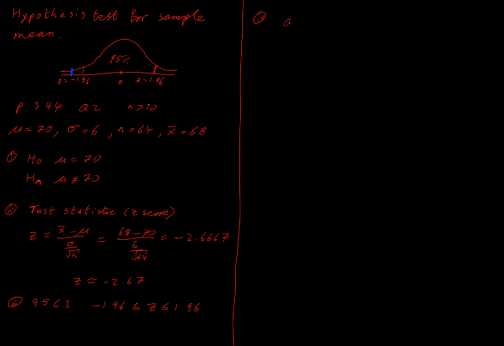And in this case, as Z is equal to minus 2.67 is outside of the 95% confidence interval, we reject H0, the idea that the mean of this new sample could be 70, and we accept the alternative hypothesis.